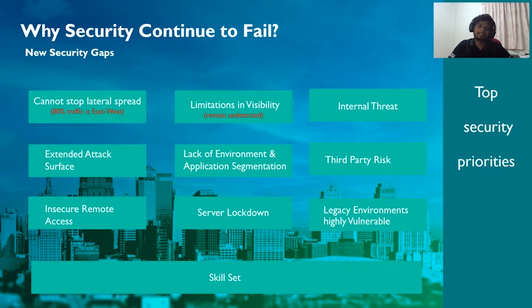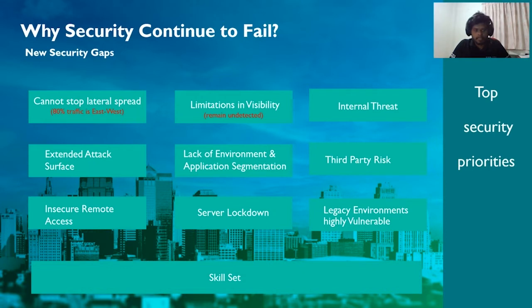So there should be a mechanism to stop the lateral spread, and you cannot secure what you cannot see. You should have full visibility inside your infrastructure, because the attacker is already inside the data center through compromised endpoints, exploiting vulnerable ports on critical hosts, and moving laterally east-west without getting detected.